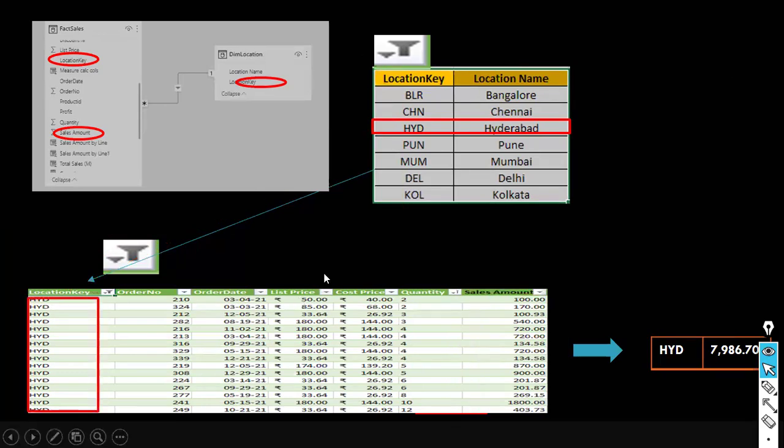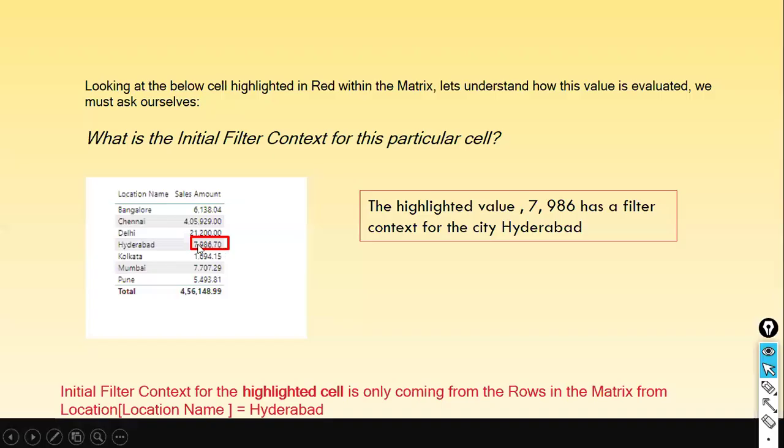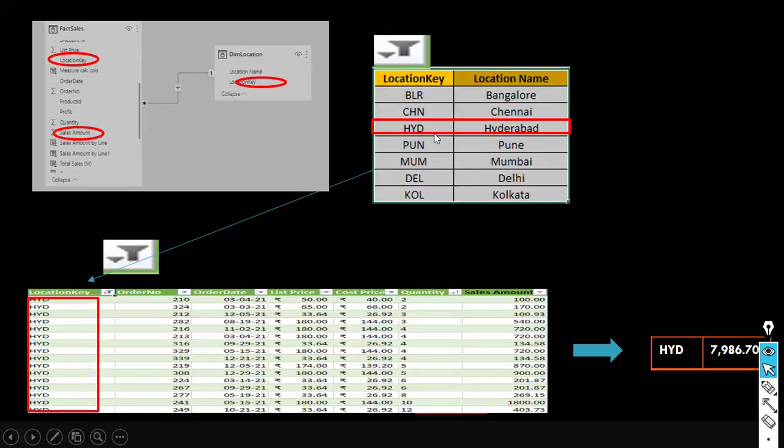So what happens in this case? The question here is, what is the initial filter context for these highlighted cells? I have highlighted this one. The Hyderabad value will get passed to this sales fact table. This is a location dimension table. The Hyderabad location key will pass to your sales fact table, and it applies the filter for Hyderabad.